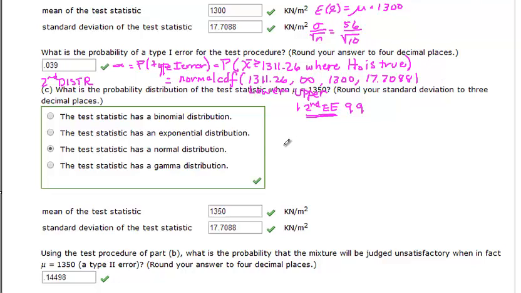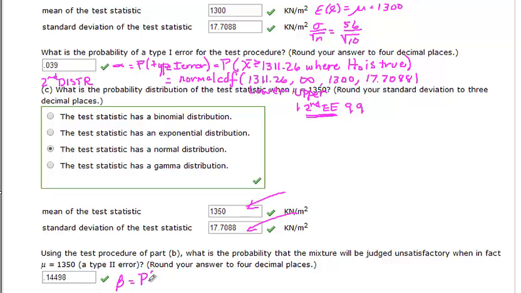The next part of this problem, they change it up a little bit, and they say what's the probability when the mean is equal to 1350. So the mean changes on this. The standard deviation doesn't change because they didn't change that at all. And then we're going to do the probability of my type 2 error, which is actually beta.